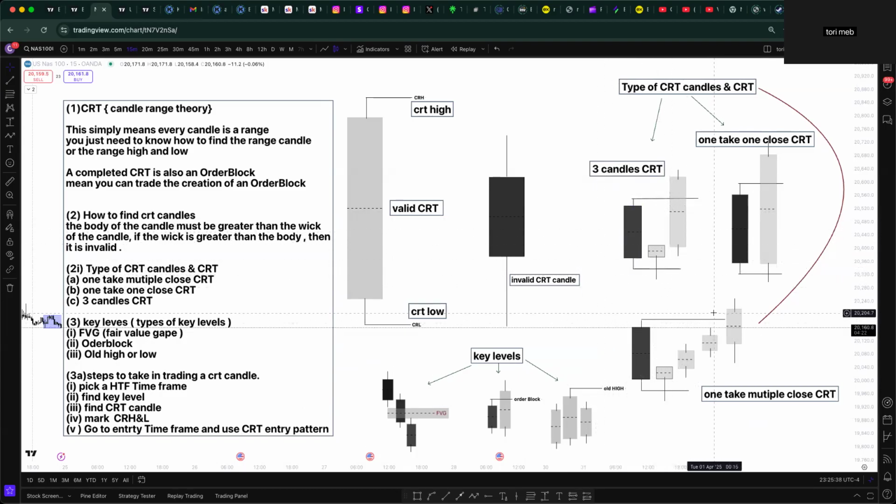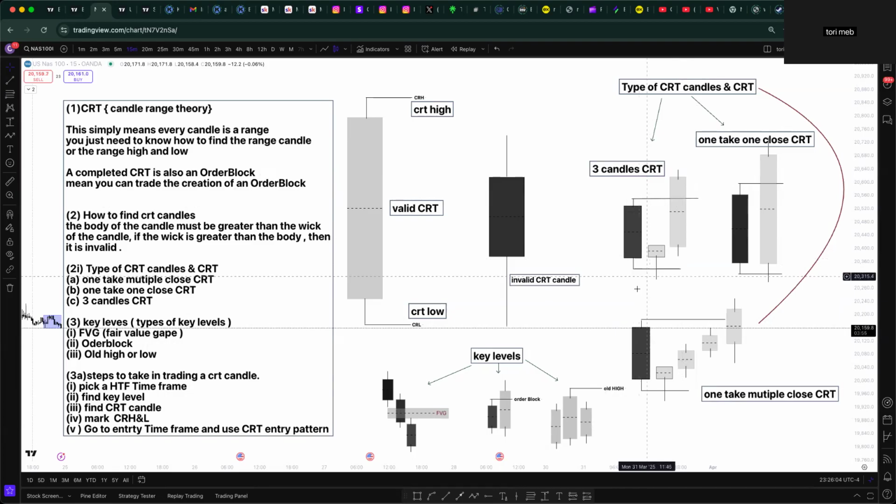But this is the pattern you want to trade. At first, you want to see the CRT candle, then you want to see the manipulation candle, where I teach you how to enter the trade from the manipulation candle and take it to the high or to the low of the CRT. That's basically what CRT trading is, which I'm going to get to later.